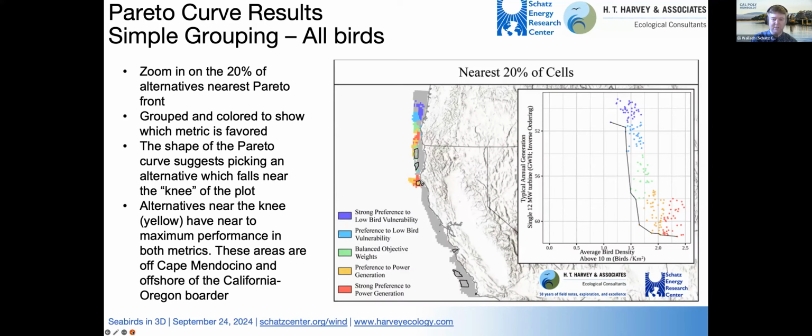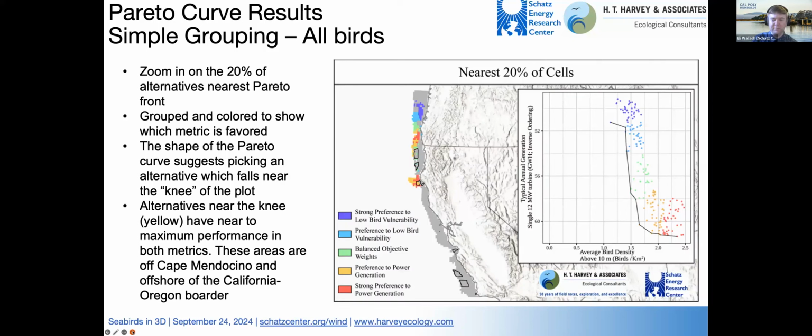This graphic also serves to better understand how the shape of the Pareto curve might influence decision making. We can see here this curve has almost a right angle. This means that as you start at the balanced objective weights group and move left towards alternatives which favor reducing bird vulnerability, a large amount of power generation is lost without reducing bird vulnerability much.